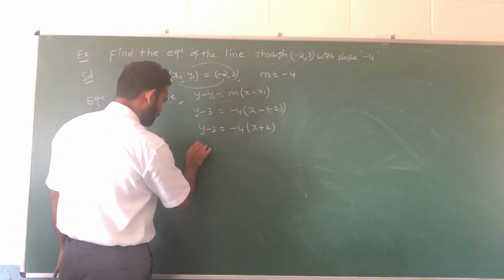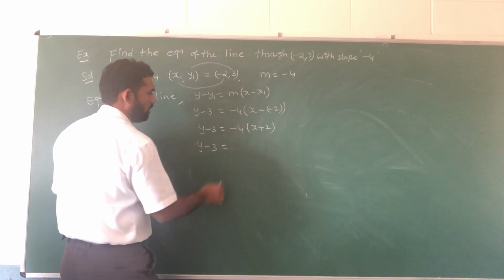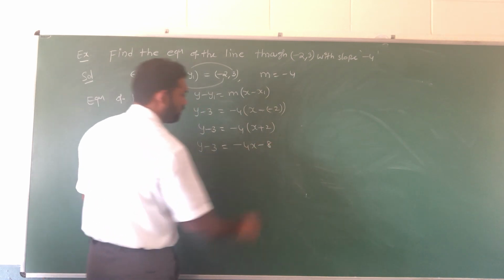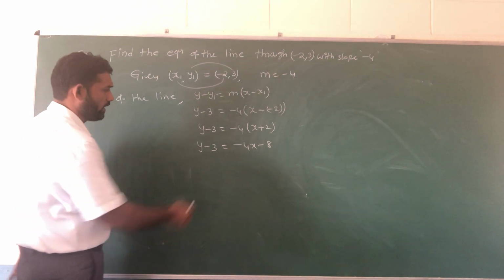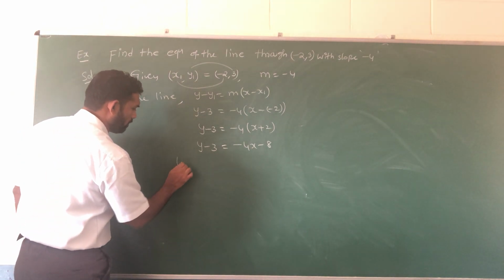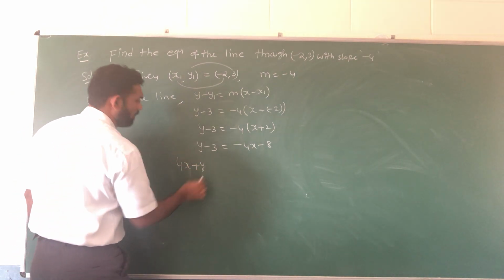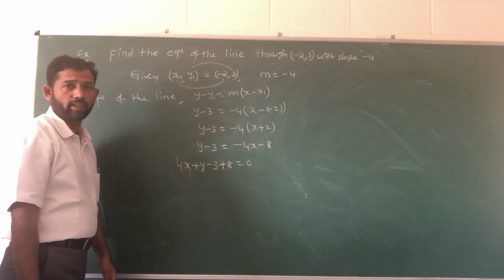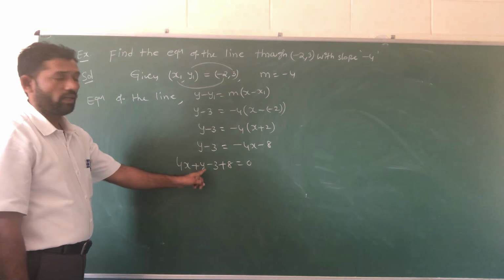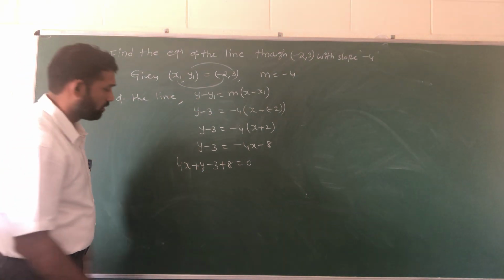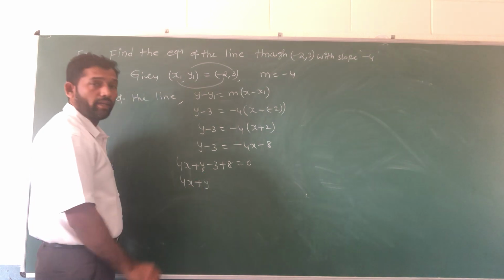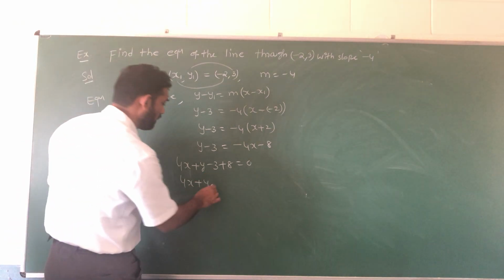Now y minus 3 equals -4x minus 8. So bring all values into the left hand side: 4x plus y, then -3 plus 8, which gives plus 5, equals 0. Write in that order: x coefficient, y value and constant.